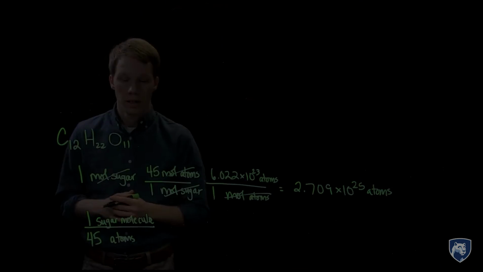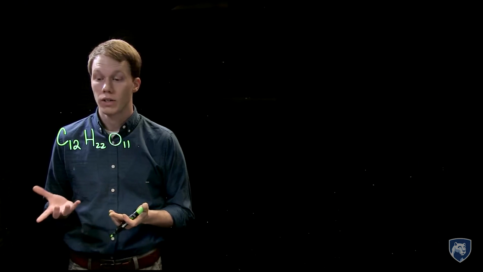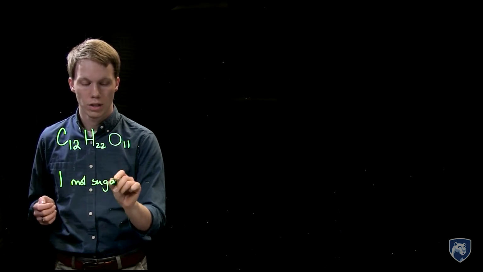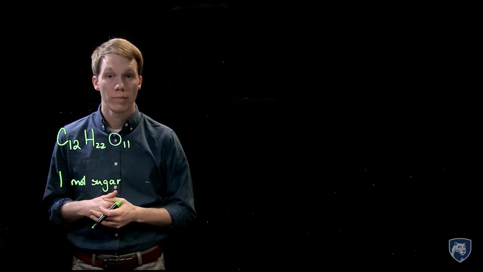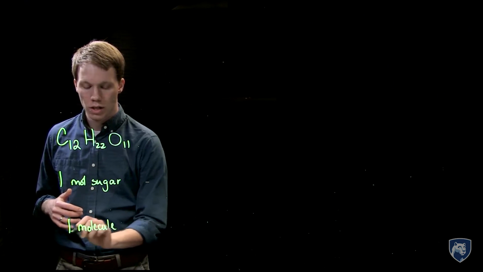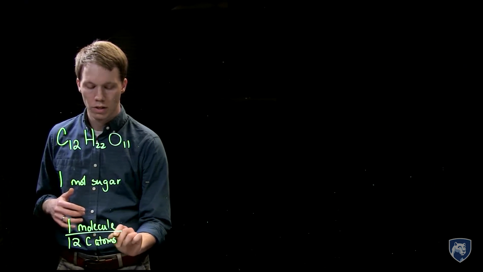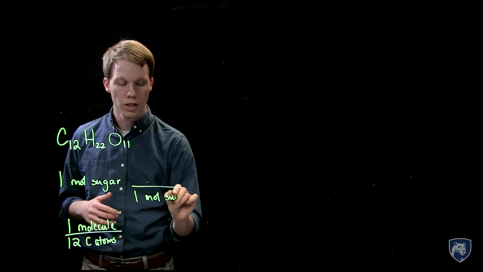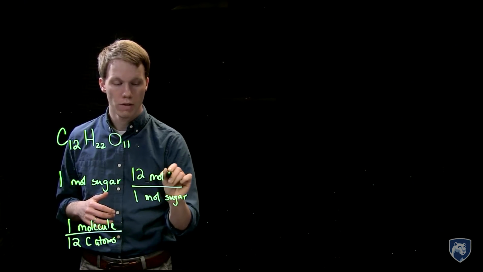I can look at sugar again and do the same thing, accounting for just, say, carbon atoms. If I have 1 mole of sugar, again, how many carbon atoms are present in that mole? Well, I know for every 1 molecule, there are 12 carbon atoms. So, for every 1 mole of sugar, I have 12 moles of carbon atoms.